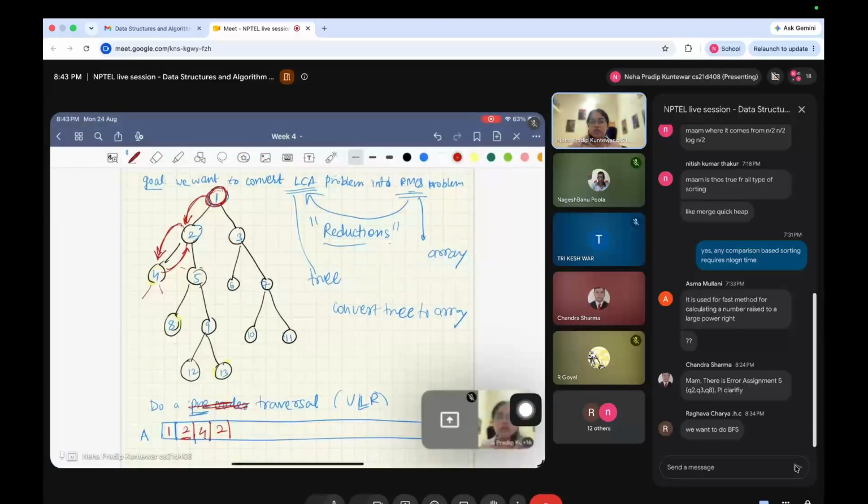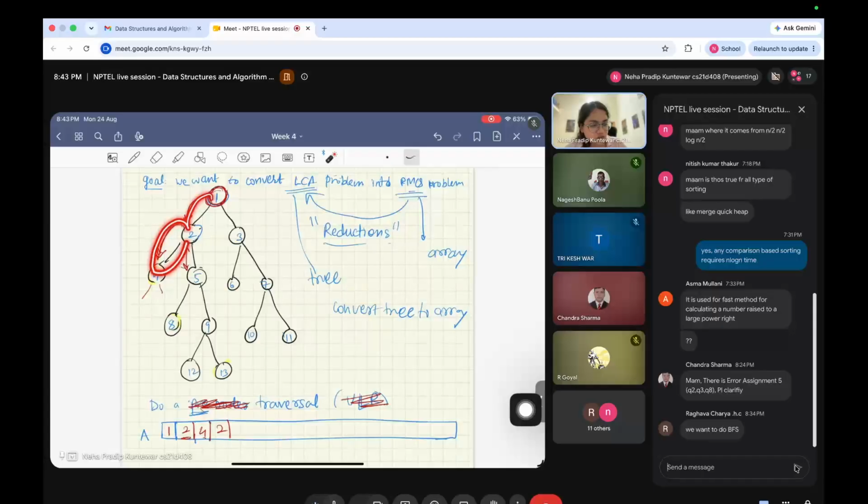Sorry to confuse. What you do is, just keep exploring, but every time you reach a node, you're going to write it. That's all. So can you tell the rest of the values? This is the path we followed so far.